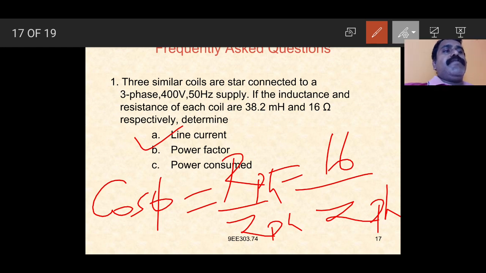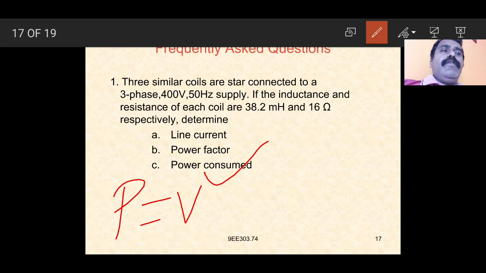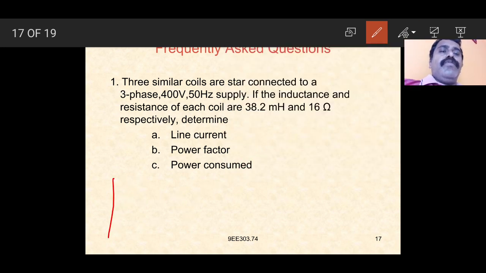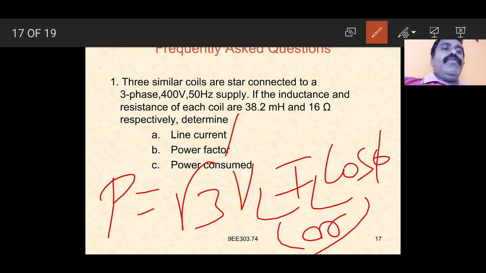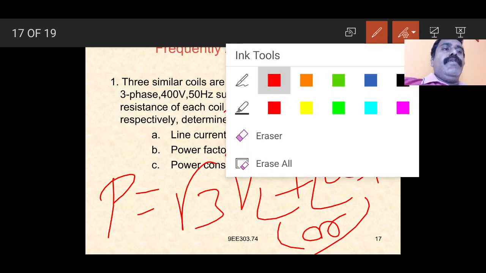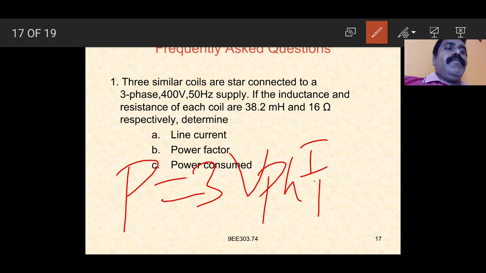Next is the power consumed. The power consumed P is equal to root 3 VL IL cos phi, or we can also write P is equal to 3 V phase I phase cos phi.